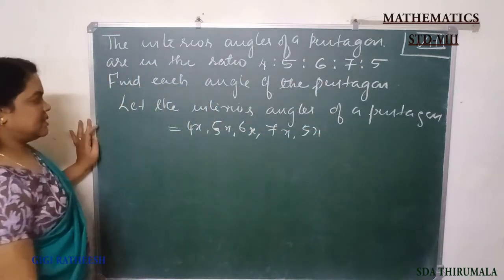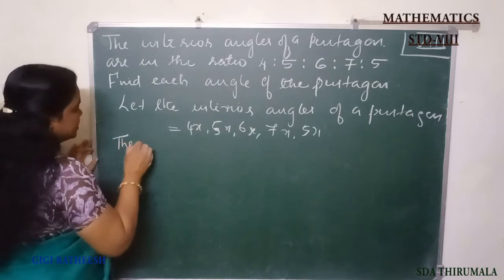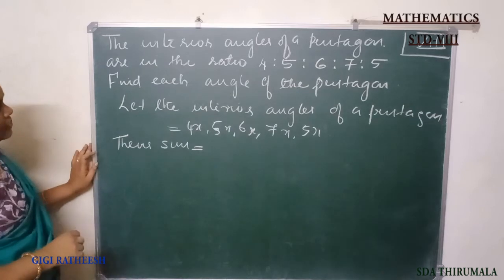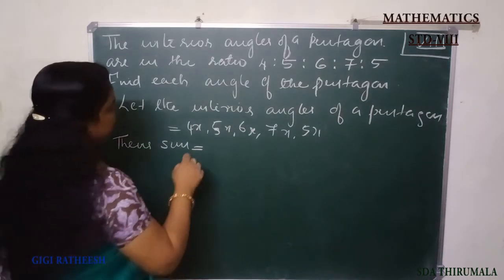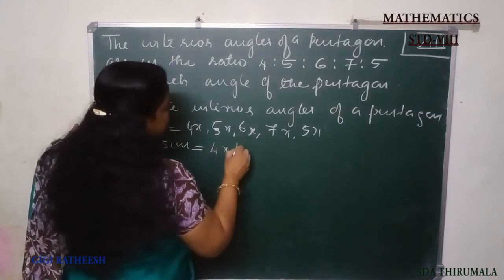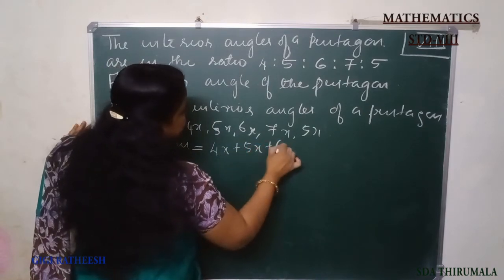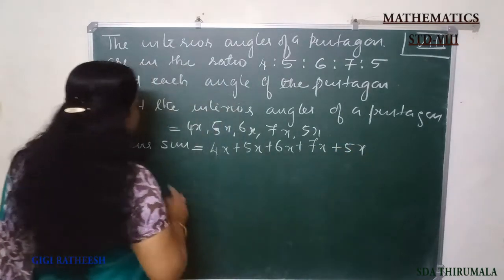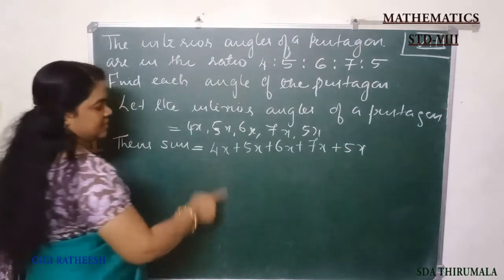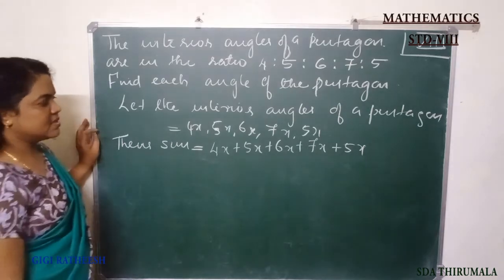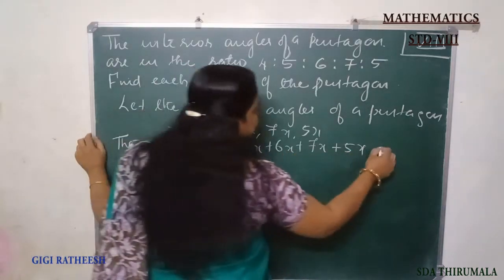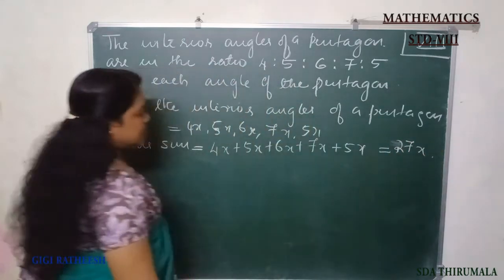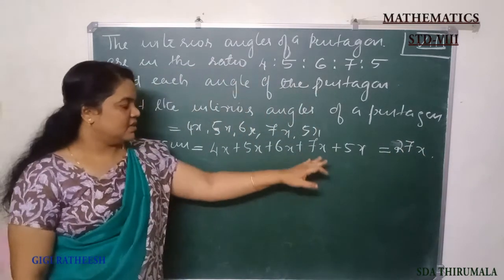We want to find the angles. Find the sum of these ratios first, that is 4x plus 5x plus 6x plus 7x plus 5x, and we get 27x.